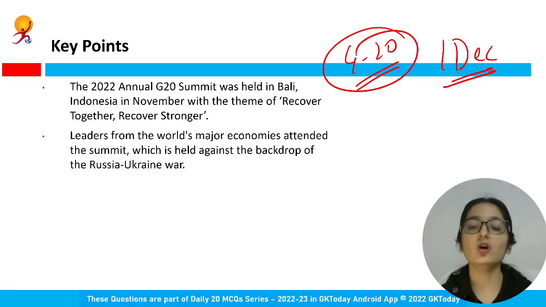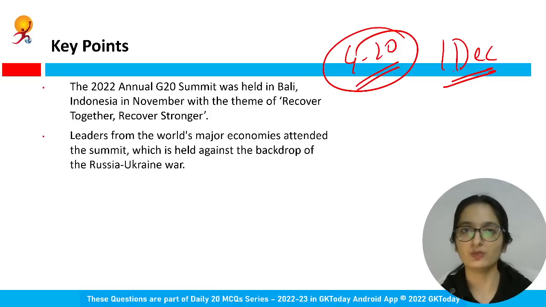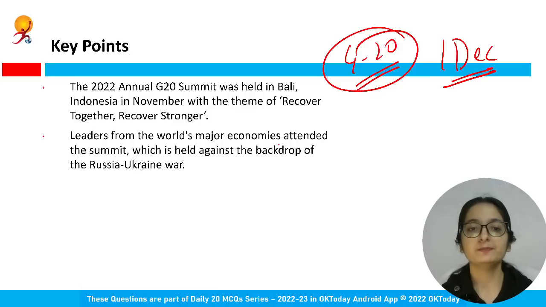And also we covered G20's theme, the lotus symbol, the Vasudhaiva Kutumbakam. So everything I have covered in detail, and I have given you the homework also. I hope many of you have done it. The members of G20, do remember that.